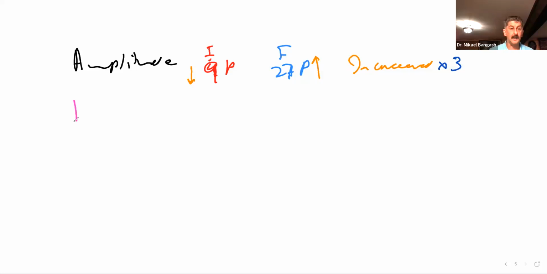We can say that if the intensity, for instance, our initial intensity is maybe 27 watts per centimeter squared.